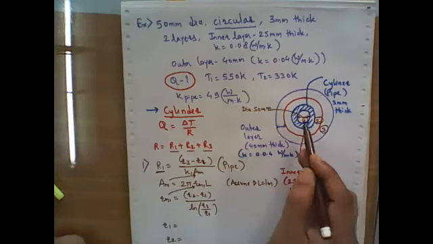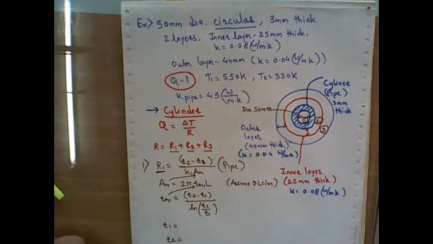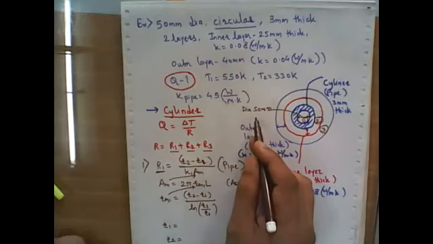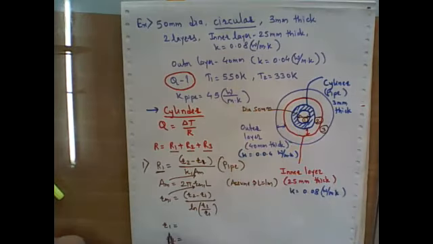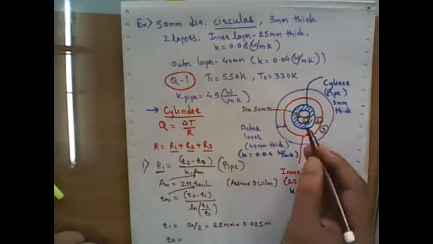So the diameter is given for this pipe. So on the basis of diameter, the inner radius is nothing but 50 by 2, that is 25 mm. That is 0.025 meter or 25 into 10 raised to minus 3 meter, right? So this is the R1 case.